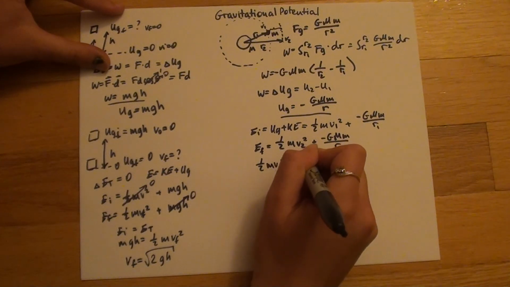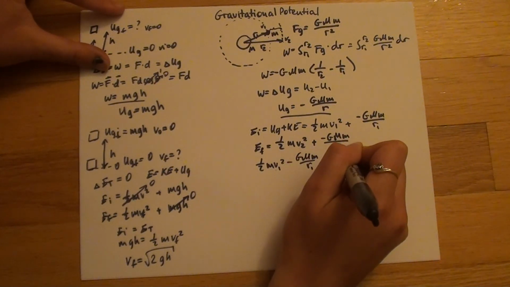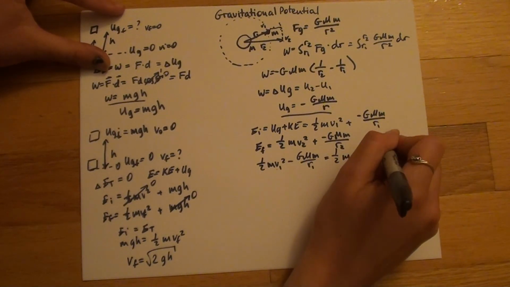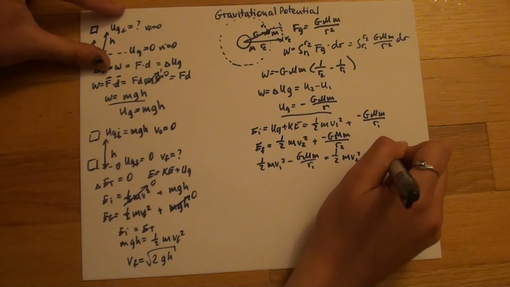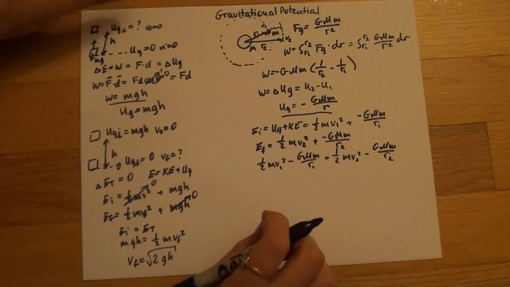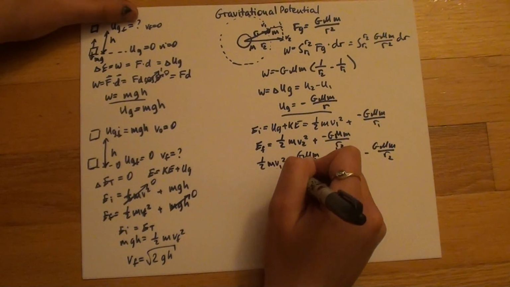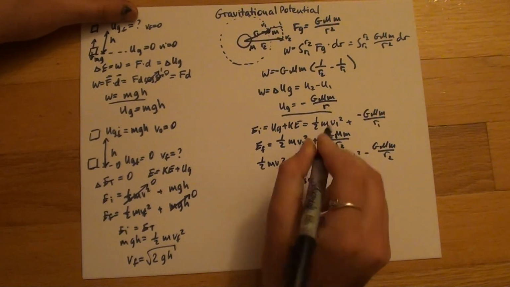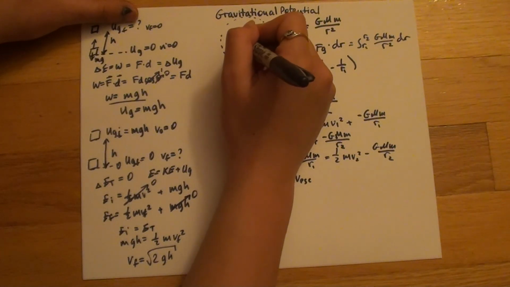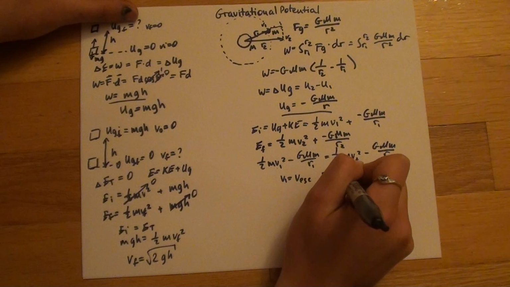So the total mechanical energy does not change depending on the radius you have, right? So these are equal. Now let's say we need to find the escape velocity. For V1, we will substitute the escape velocity, and for R1, we will substitute the radius of this planet, because that's where it will be starting off.